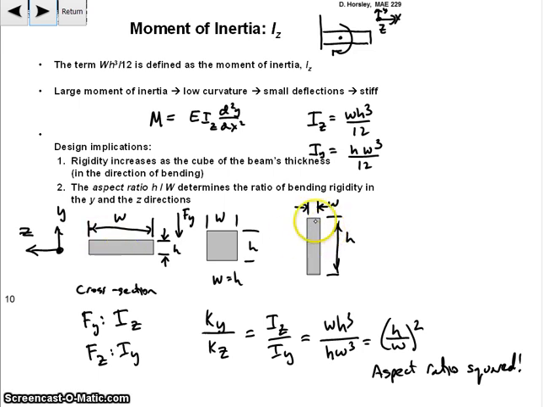So if we think about pushing downwards like this, we'd get a spring constant that's 100 times stiffer than pushing sideways like that. The opposite is true in this case. So it's 100 times softer in this direction than it is to a z-axis force here. Whereas this beam that has a square cross-section has equal spring constant in both the y and the z directions.